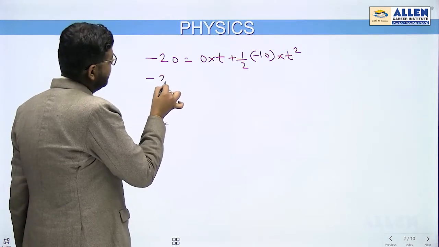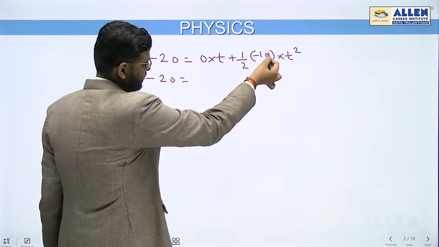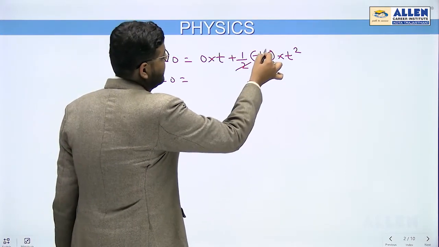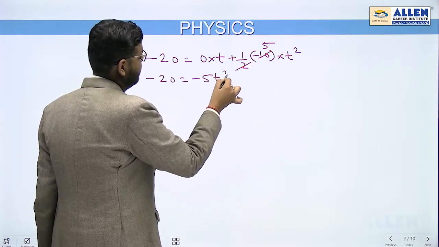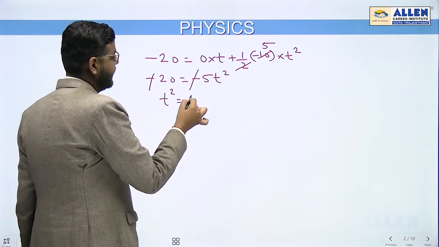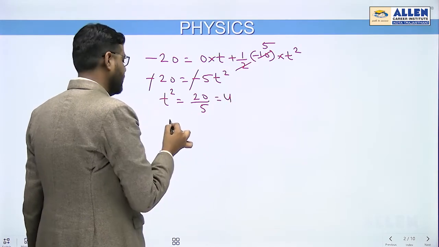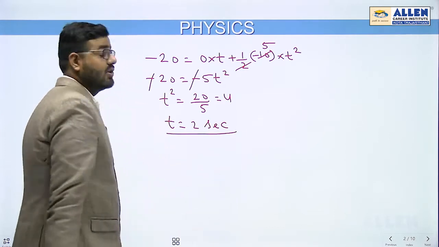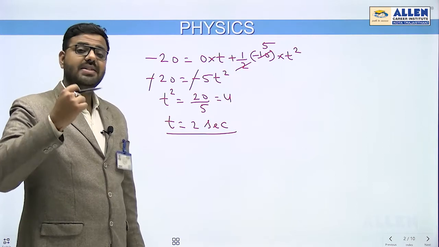So we get minus 20, 0 into t is 0, and 1 by 2 multiplied by minus 10 multiplied by t square. This 10 gets cancelled out, so minus 20 is equal to minus 5 t square. So t square is equal to 20 by 5, that is 4, or t equals 2 second. The ball reaches the ground in 2 second.